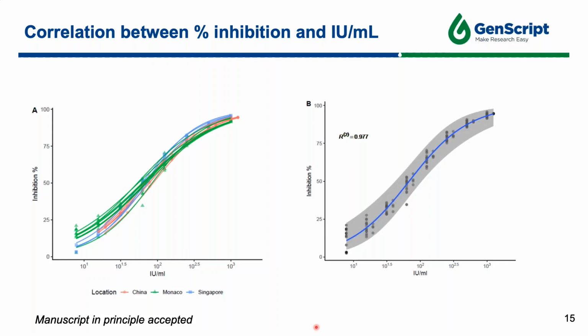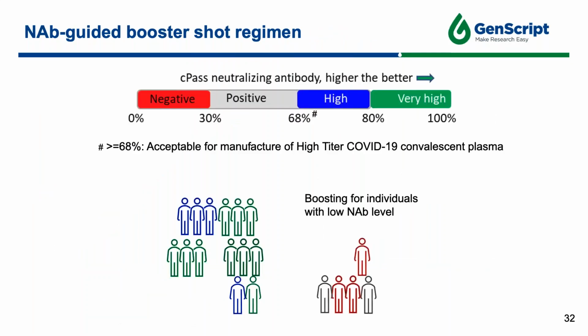Thank you for this question. So let me go to this slide. Usually, according to the FDA's requirements on high titer neutralizing antibody for manufacture of the convalescent plasma, a value that is above 68% is considered high titer.